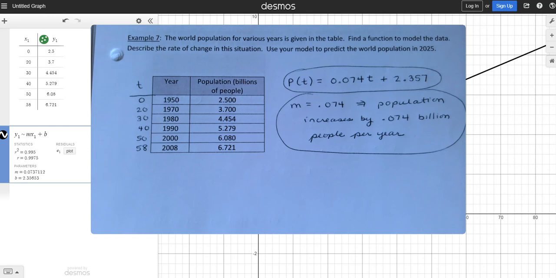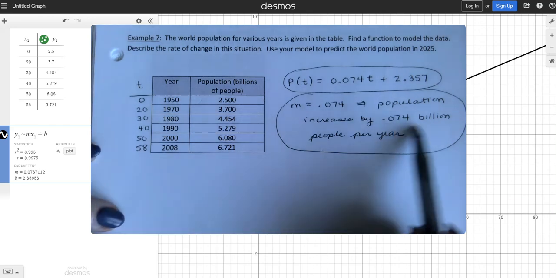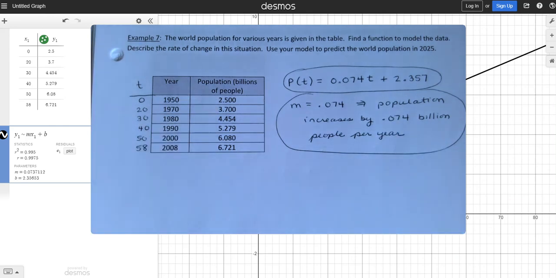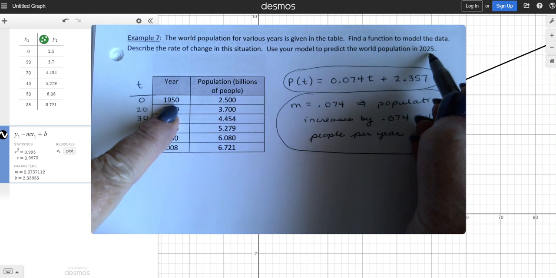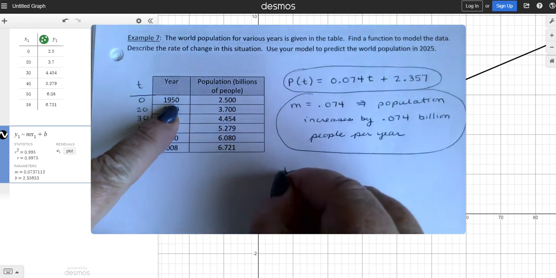And again, notice the difference. My rate of change is now absolute. It's the number of people per year, not the percent, like we had in the relative rate of change case. All right, and then finally, to make a prediction for 2025, that would be 75 years after 1950.